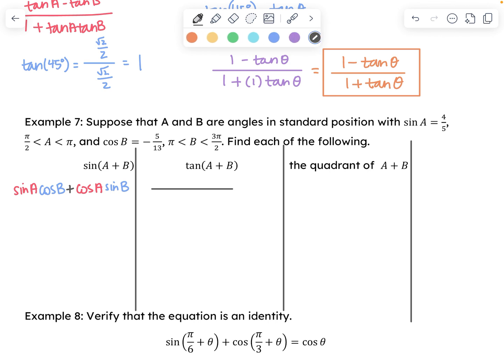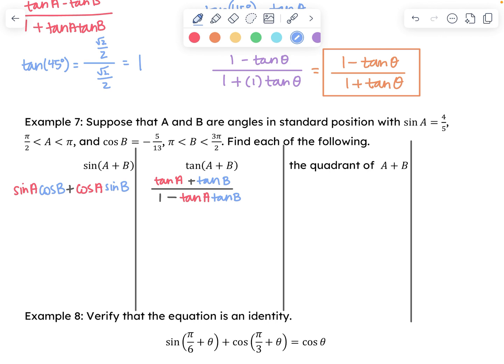I'm going to be adding on the top and 1 minus something on the bottom. On the top, I'm going to have the tangent of A and tangent of B there.